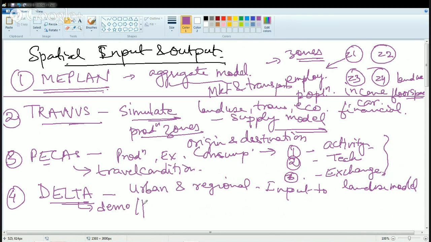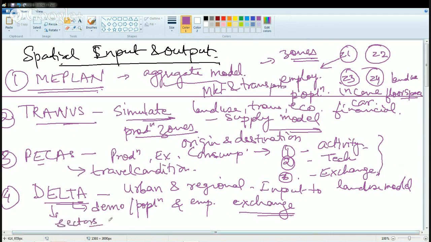So the demography or the population of the region and the employment exchange in the region. So this is again a kind of economic growth model where you try to classify things based on various sectors. And it tries to predict the location of any activity. So these are the four major kinds of models that would be included under the spatial input and output classification.